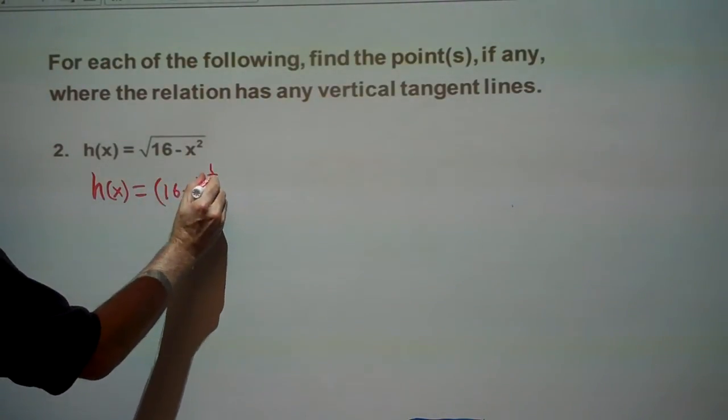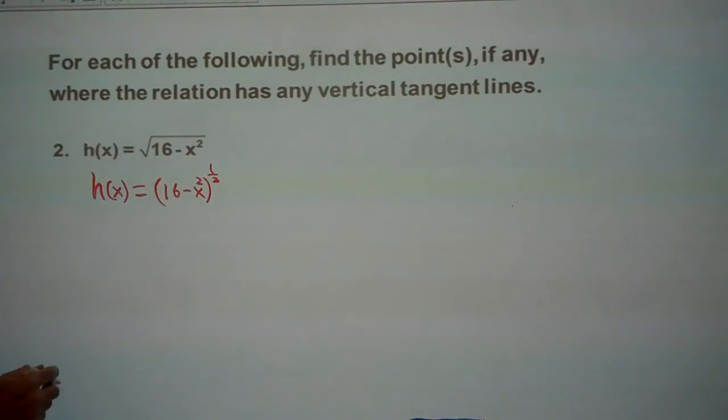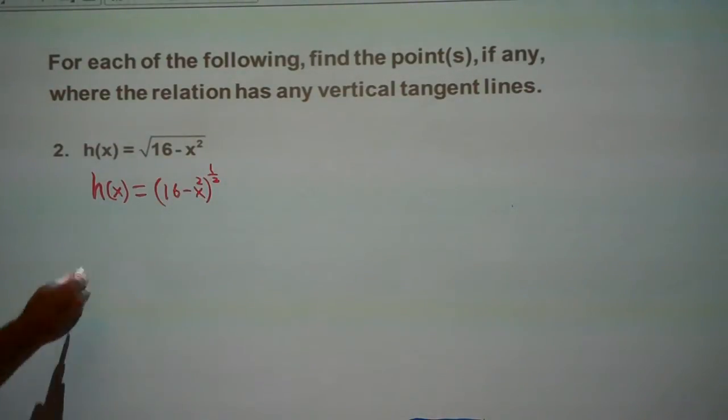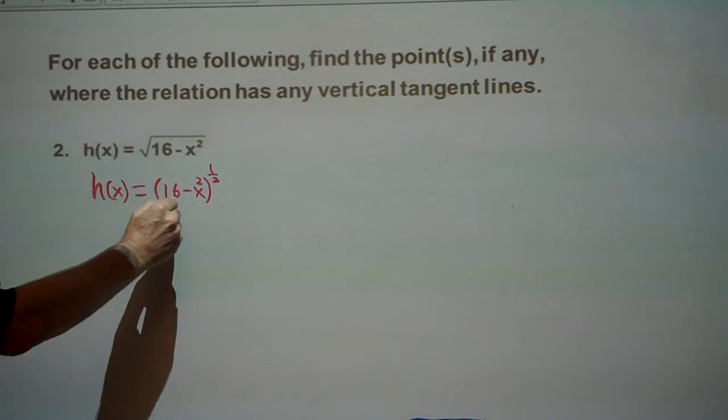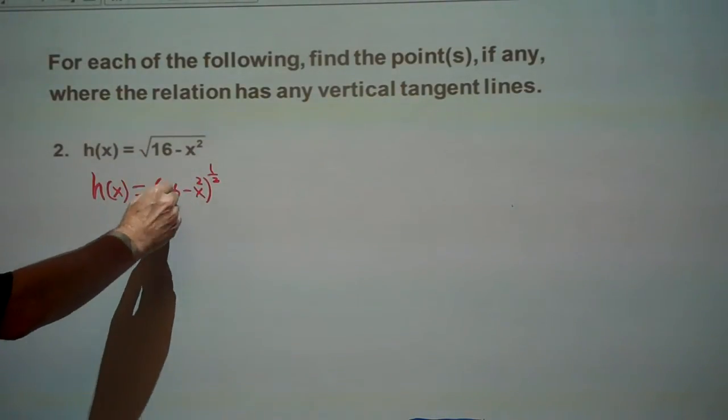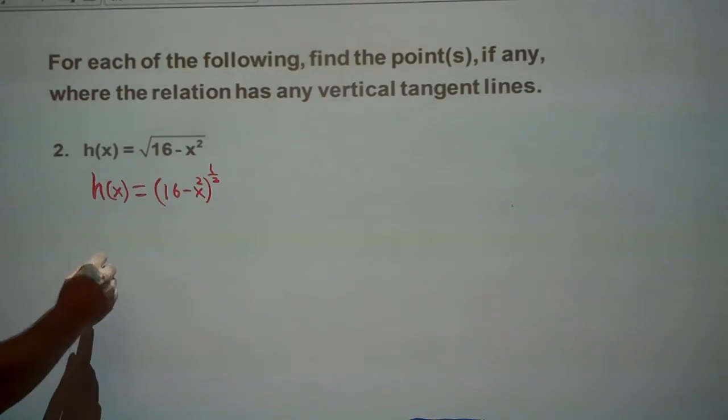So we have to the 1/2 power, the radical becomes to the 1/2 power, and we have a chain rule application because in the square root place we have 16 minus x squared.